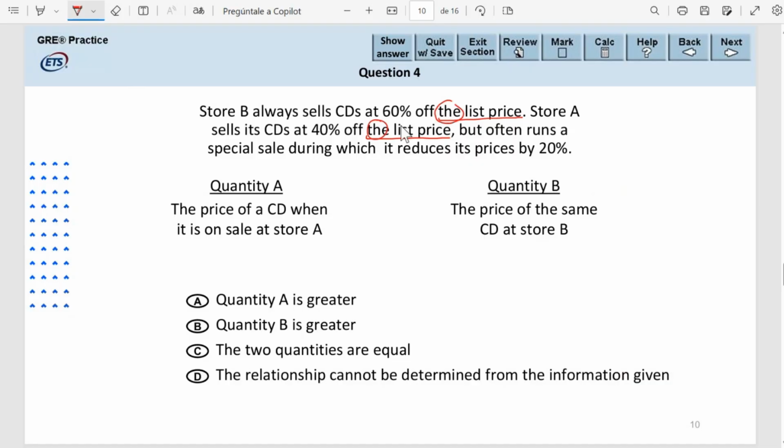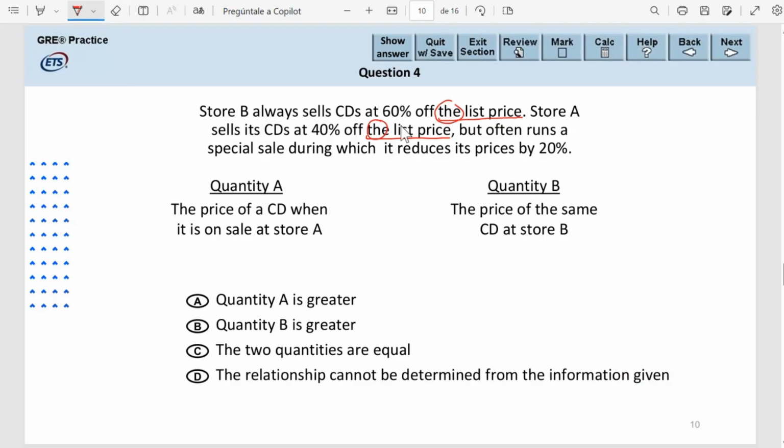Now, second point. In the second statement, it says that Store A sells its CDs at 40% off the list price, but often runs a special sale during which it reduces its prices by 20%. What do you think is going on here? That originally Store A sold the CDs at 40% off of the list price.